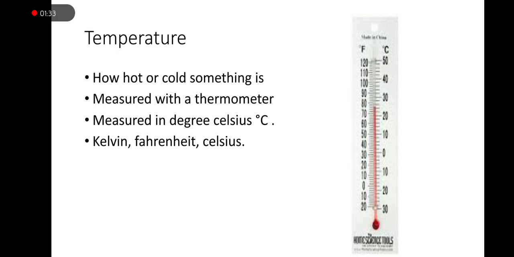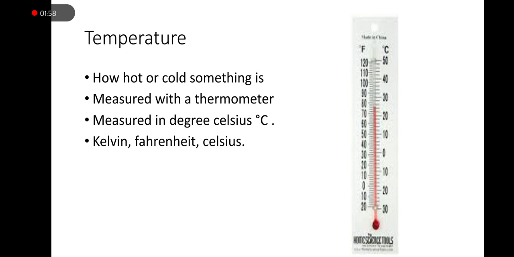So first of all, I will tell you the difference between temperature and heat. Temperature and heat are different from each other. Temperature means how hot or cold something is. We measure it with an instrument called a thermometer.